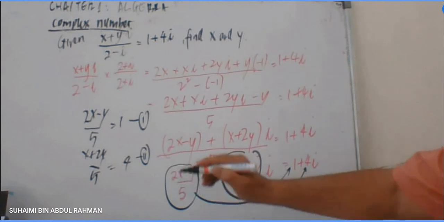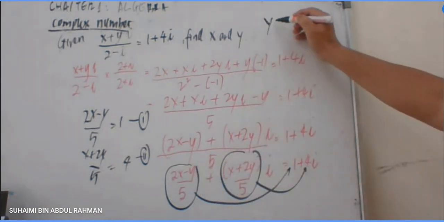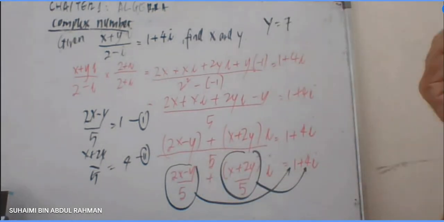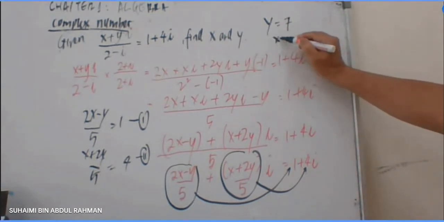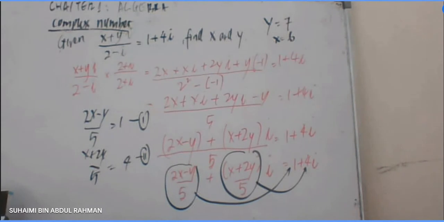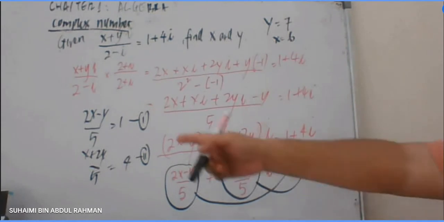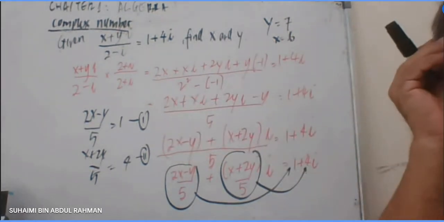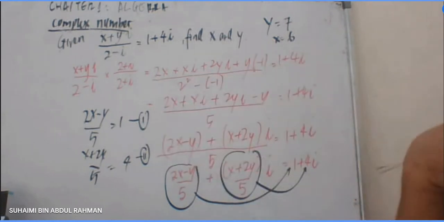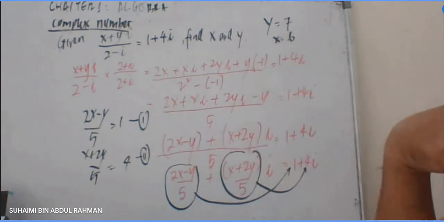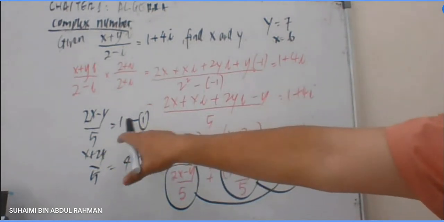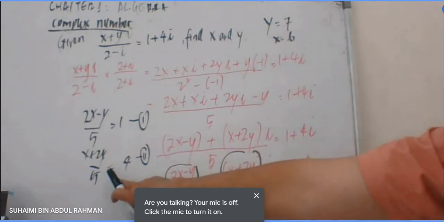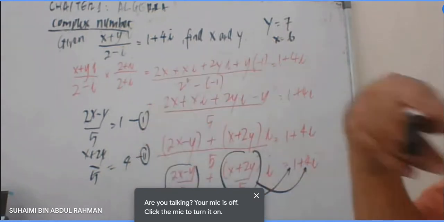Yes, x equal to 6, and y equal to 7. We make this equation 2x minus y equal to 5, and x plus 2y equal to 20.